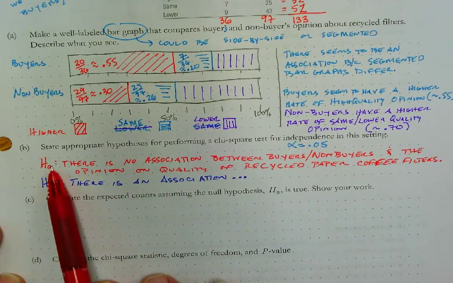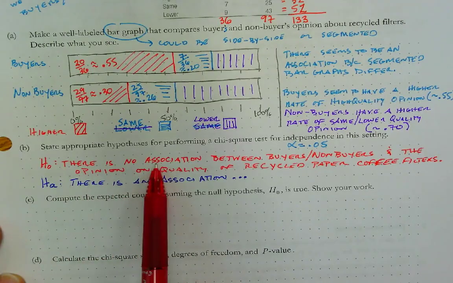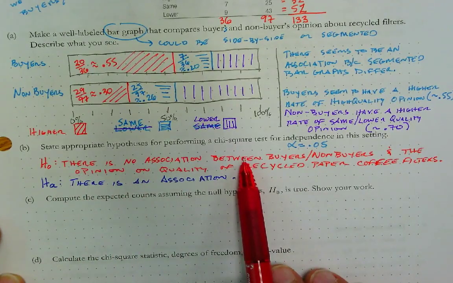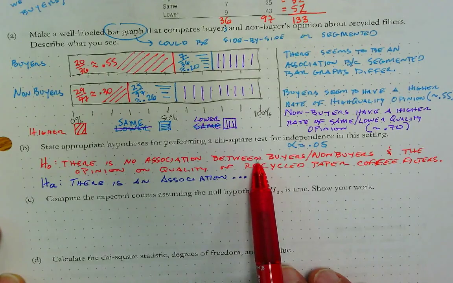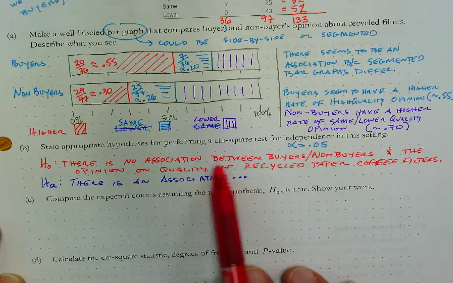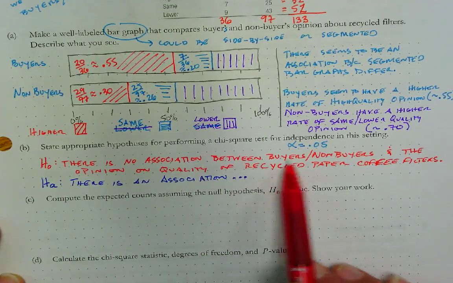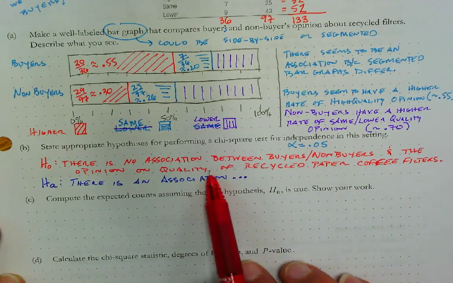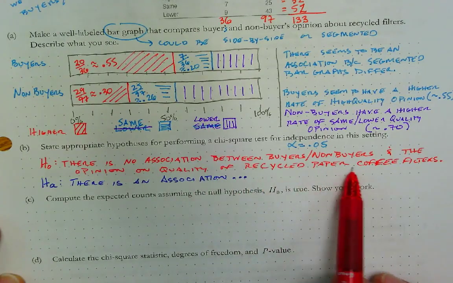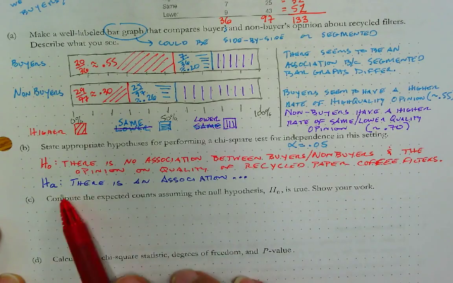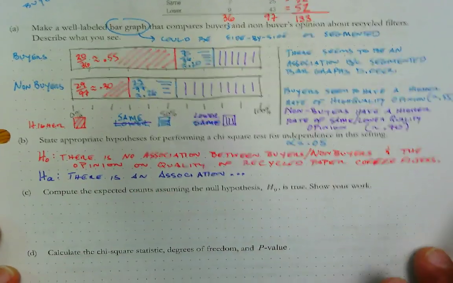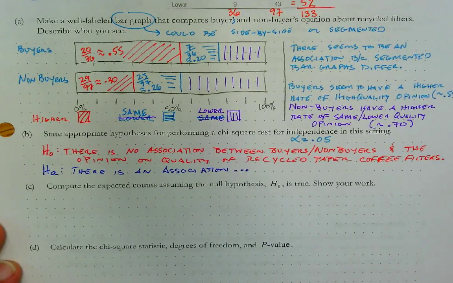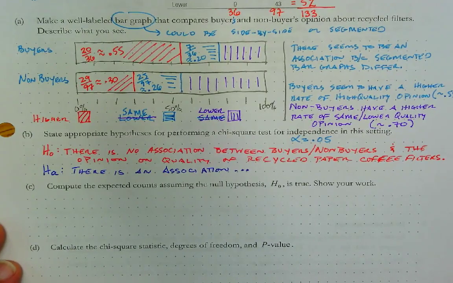The null hypothesis would be that there is no association between our variables, so no association between buyers and non-buyers and the opinion on the quality of recycled paper coffee filters, while the alternative would be that there is an association. What about the next part of the question?